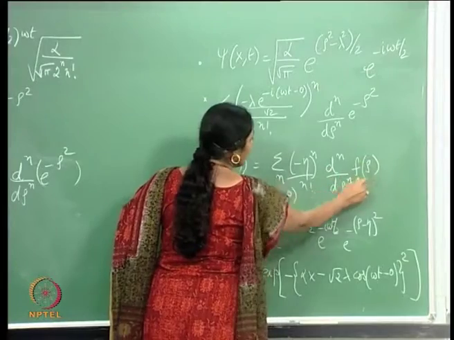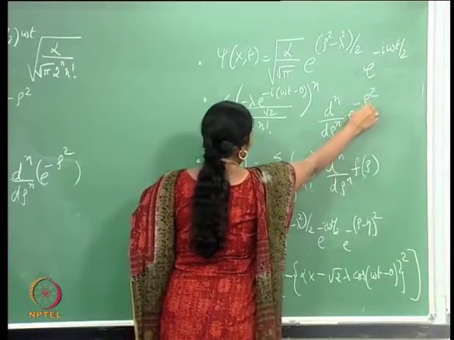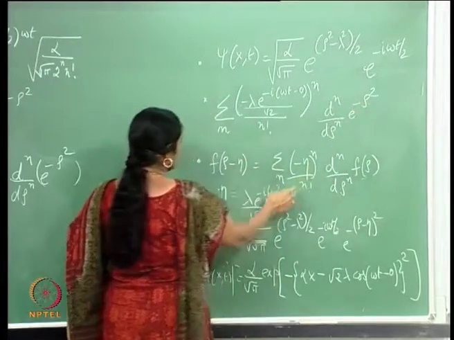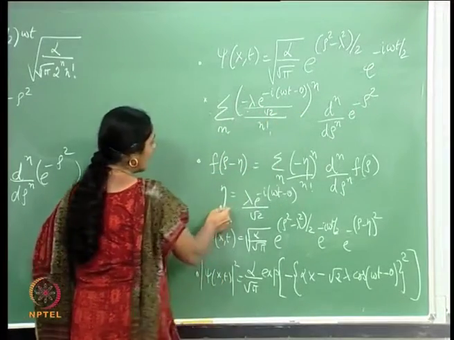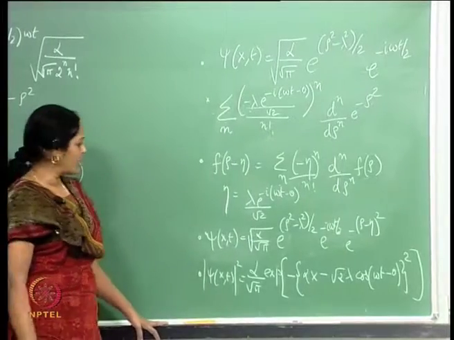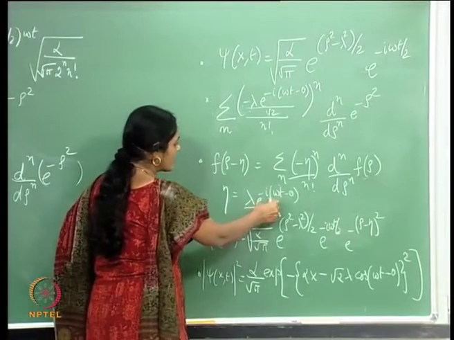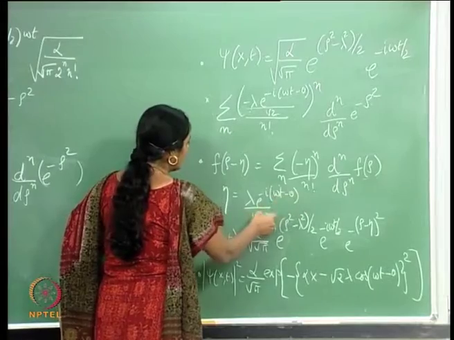So this f of rho is e to the minus rho squared, and the eta is out here. So I have identified eta in the Taylor expansion as lambda e to the minus i omega t minus theta by root 2.